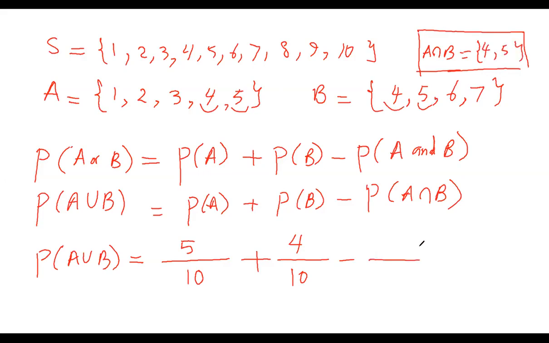So minus the number of values in the intersection is 2 divided by n of S, which is 10. If you do the algebra, they all have the same denominator, so you can write one denominator, 5 plus 4, 9, minus 2, 7. So the probability of the union between these two sets is 7 out of 10.